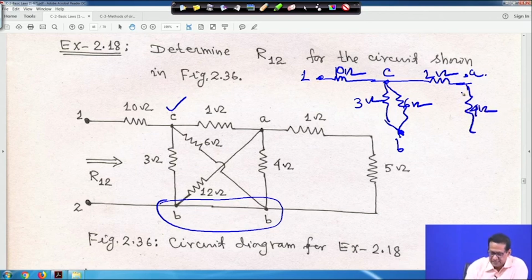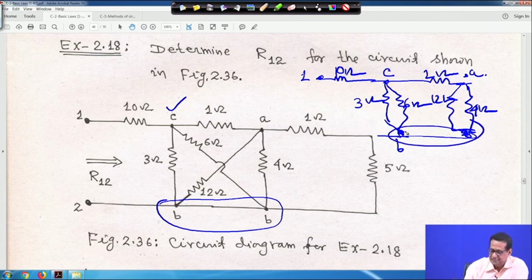And then A to B, this 12 ohm resistance is also parallel to this 4 ohm, and this is actually a common node.